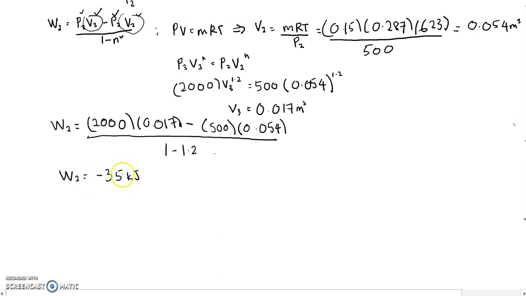Okay. So last part, W3. W3 is constant pressure, so the formula is P(V4 minus V3). We know V3 but we don't know V4, so we have to calculate V4 using this relationship, similar to how you calculate V2.